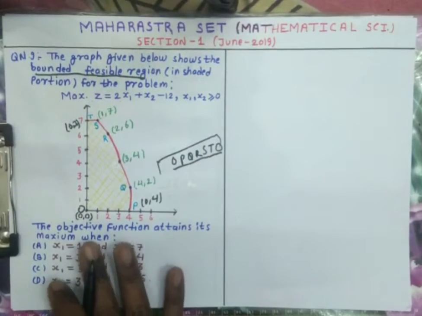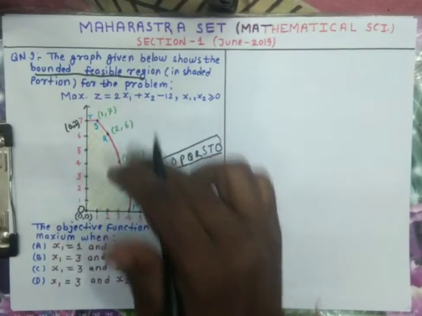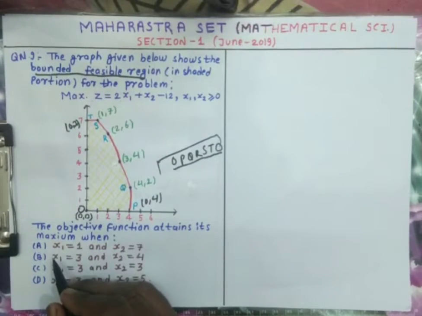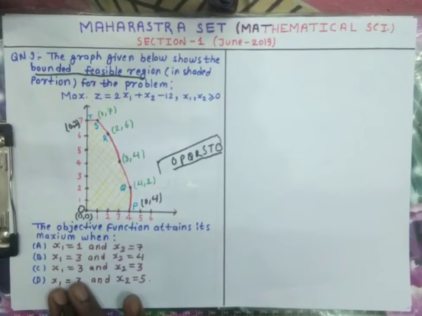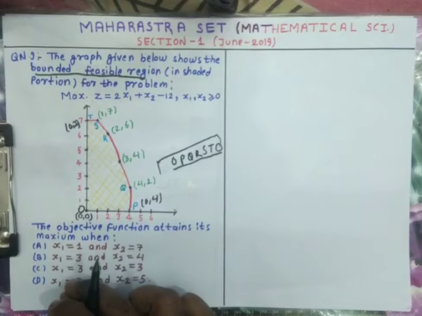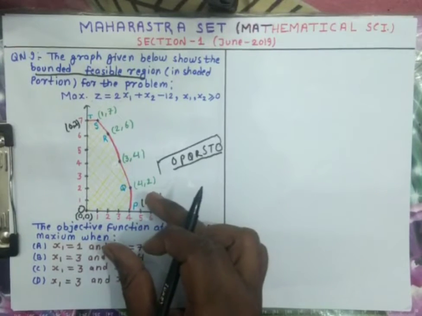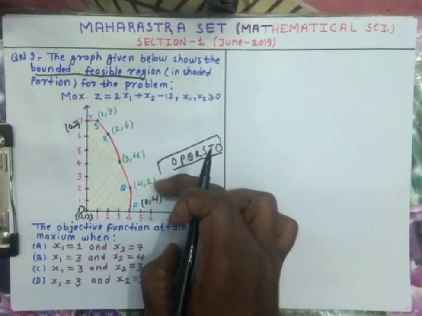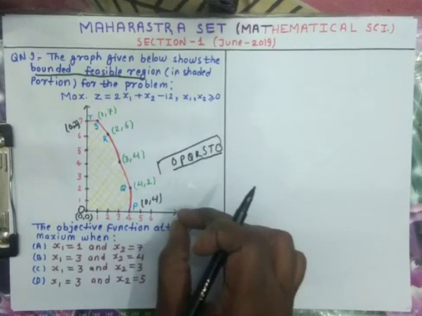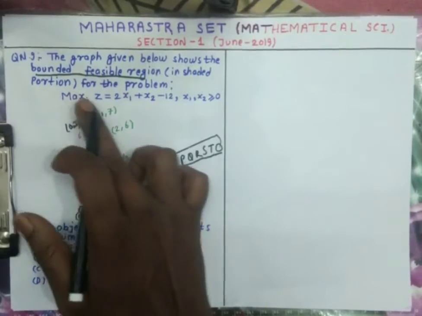Now we have to find the maximum of this LPP problem. From the options, we first discard those points which are not at a corner or on the boundary.